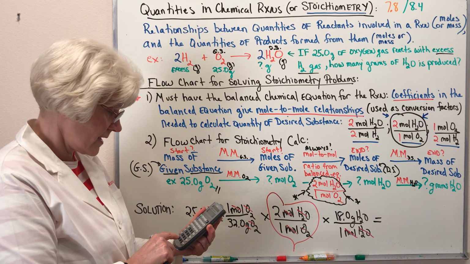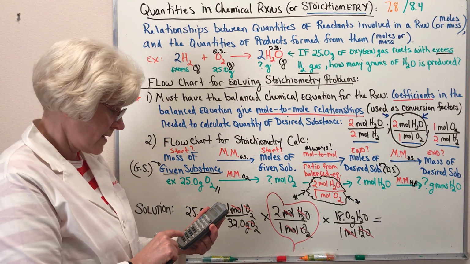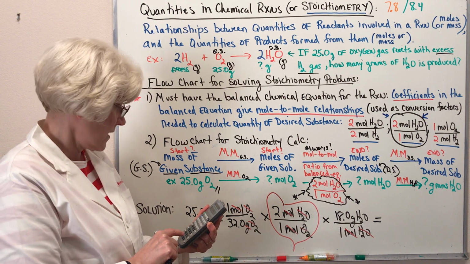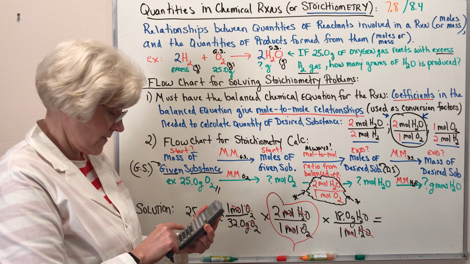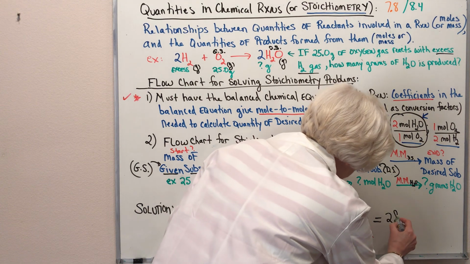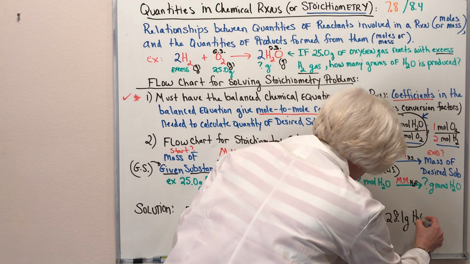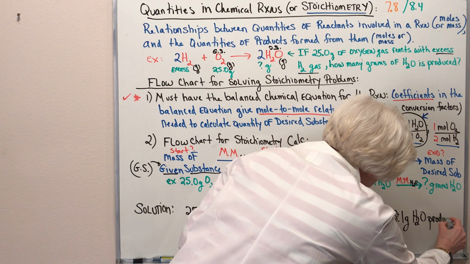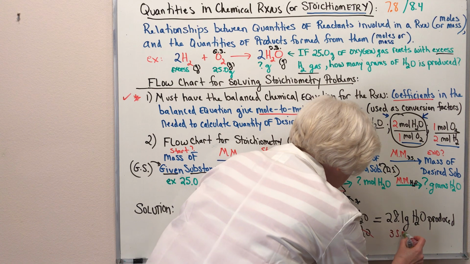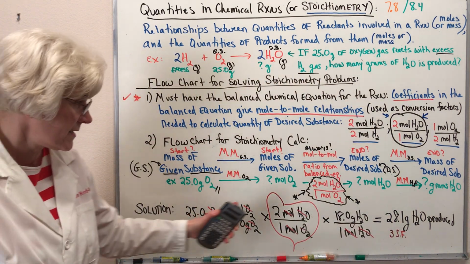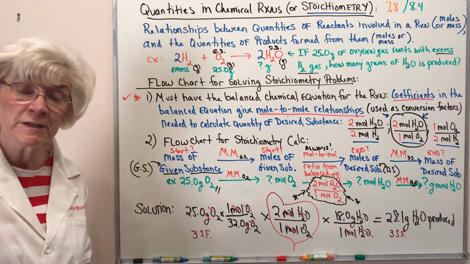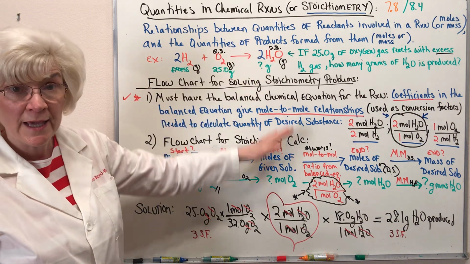I call this a plug and chug step. You plug in the numbers in your calculator and then do the division here. And when I do the division, I come up with 28.1 grams of water produced in this reaction, containing 3 sig figs for the answer. According to the setup, our answer should have 3 sig figs, and we just did our first stoichiometry problem.